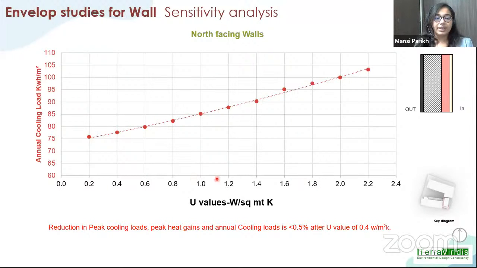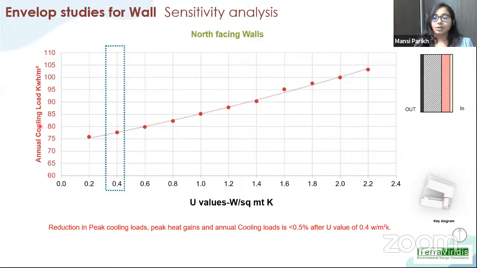The U values are represented on the x-axis and the annual cooling load is represented on the y-axis. There is a linear reduction in annual cooling energy, which can be seen here. So here 0.2 works the best in terms of reduction in annual cooling demand or annual cooling load.